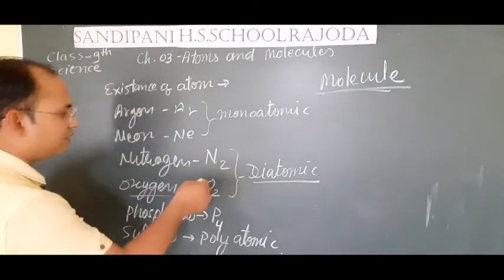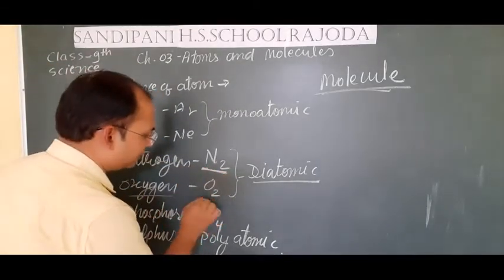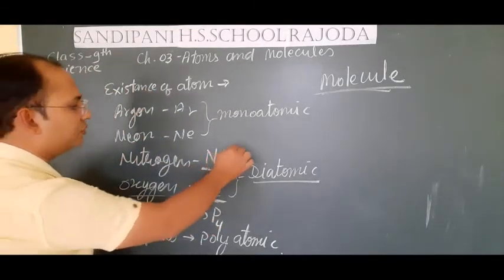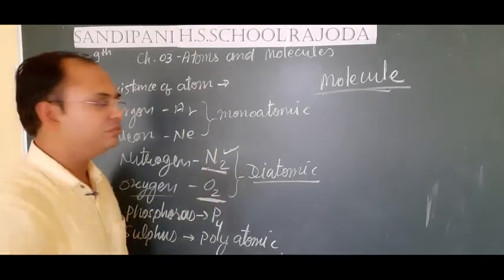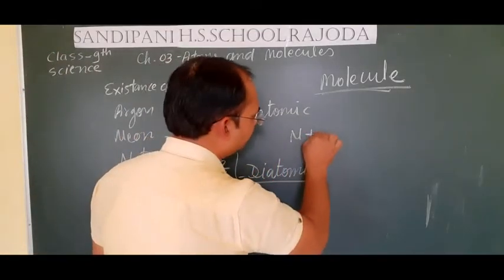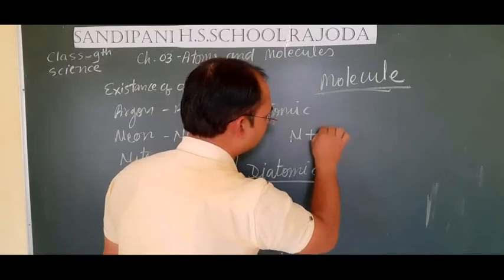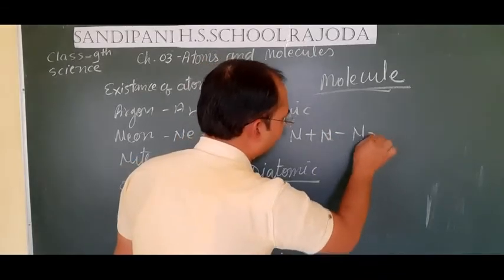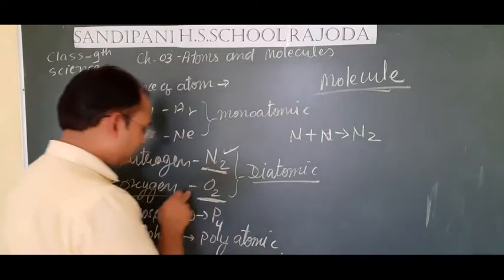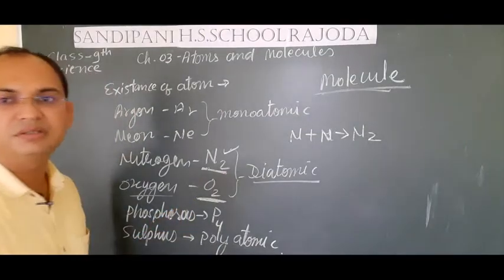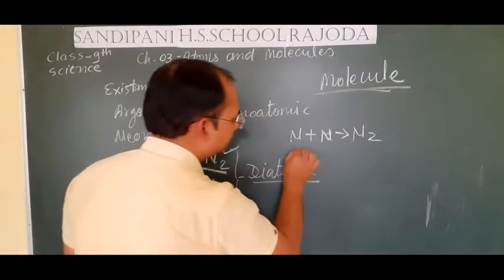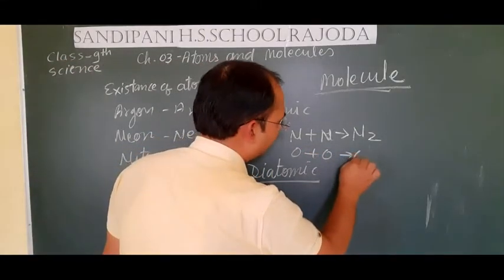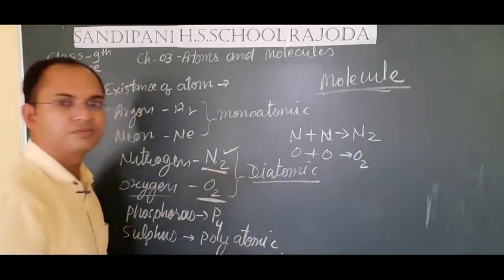One, we can see here that the atom of nitrogen is combining with the nitrogen atom, forming N plus N, giving N2. In the second case, oxygen combining with oxygen forms O2.